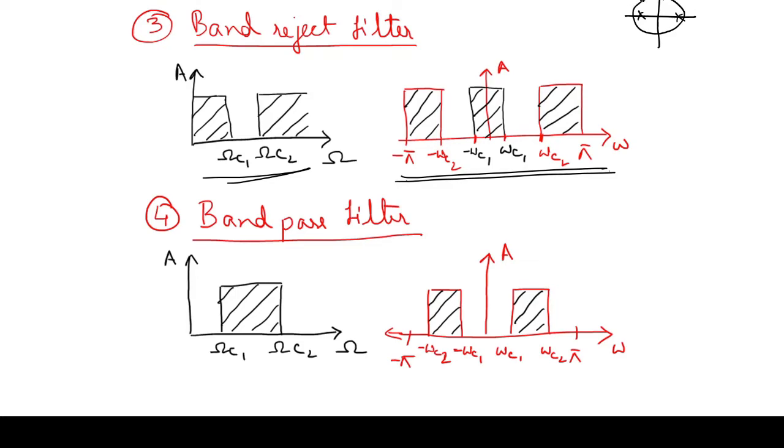So I'm not plotting any zeros over here, but there would be some zeros in between. So if you look into the region minus pi to minus omega c2, then we get into this region minus omega c1 to omega c1. A continuous region is there. Then lastly we get omega c2 to pi.